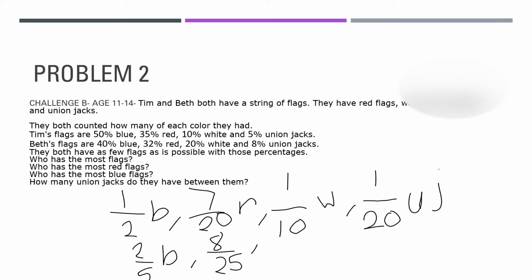Next, after 8 by 25, 20% is 1/5 white. And the last one, the Union Jack, is 8%, which is 8 by 100, simplify it, 4 by 50, and then 1 by 25. No, 2 by 25, actually. Sorry.